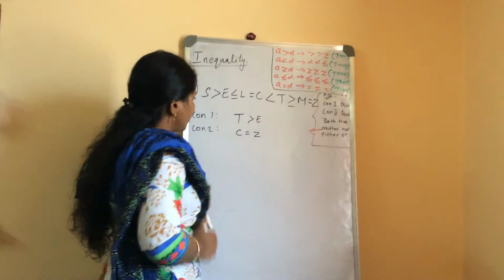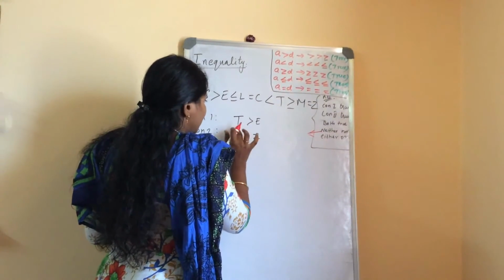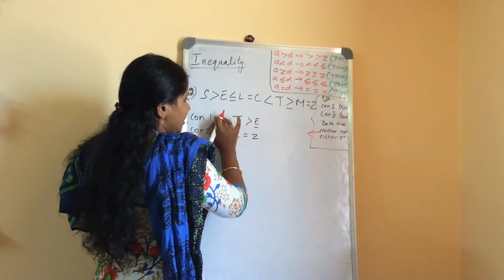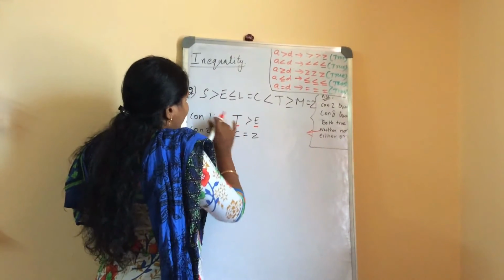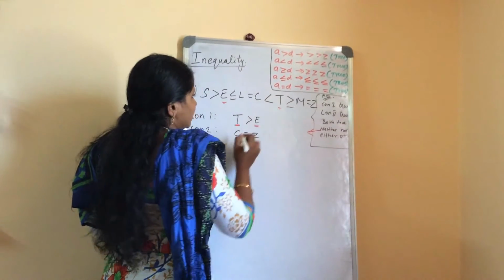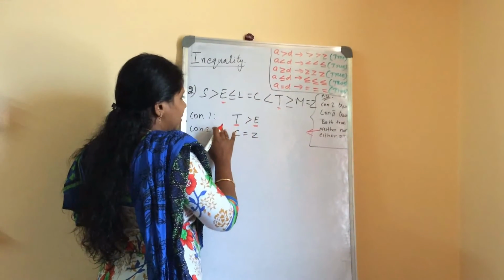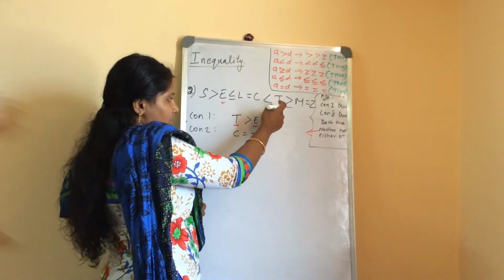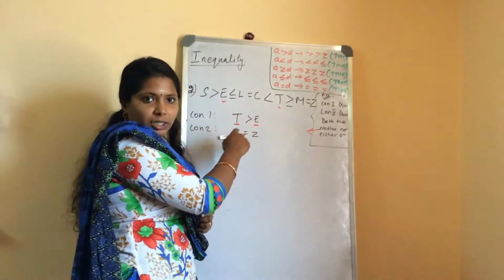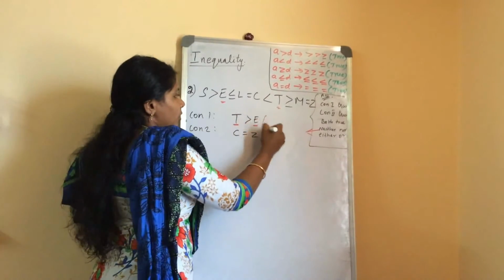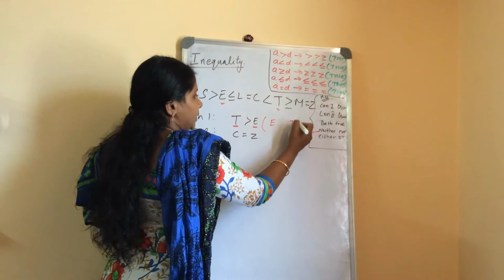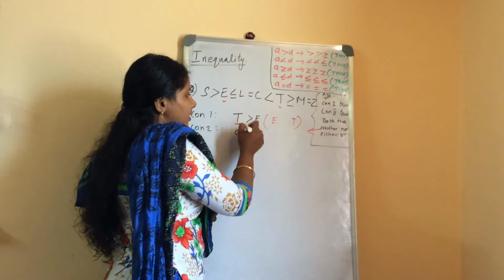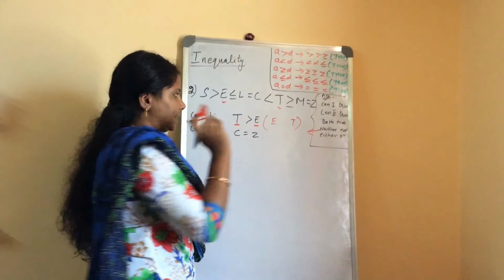See, conclusion 1 is T greater than E. Let's go and see the statement. Where is T? Where is E? E is here, T is here. It is in the reverse direction, so we need to interchange the letters first: E, T. I told you if the letters are interchanged, the symbols should also be interchanged.